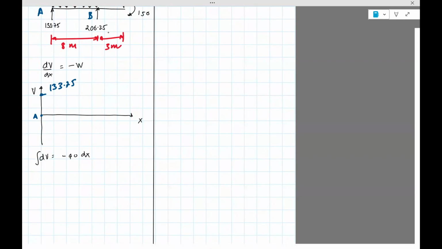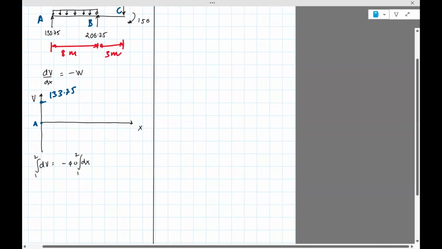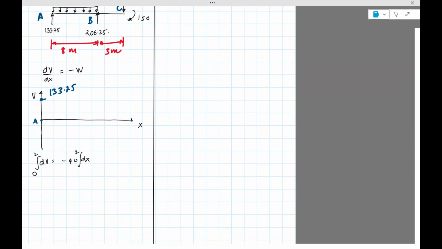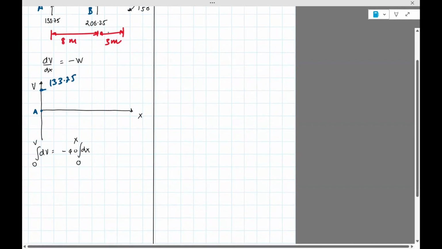When I integrate this, I integrate from, say, 1 to 2. So I'll start from A, or 0 in this case, and then go to some other point V, just to have a generic form.